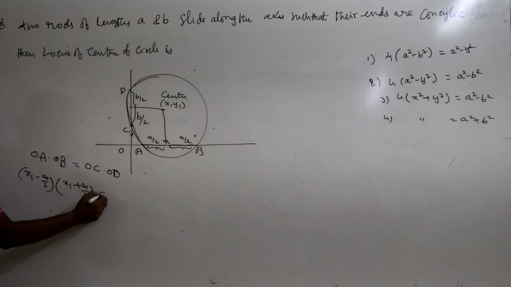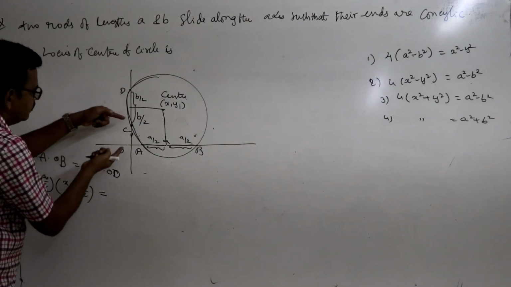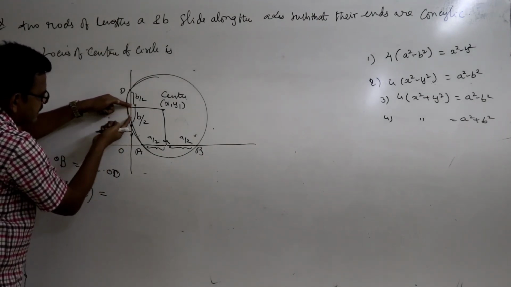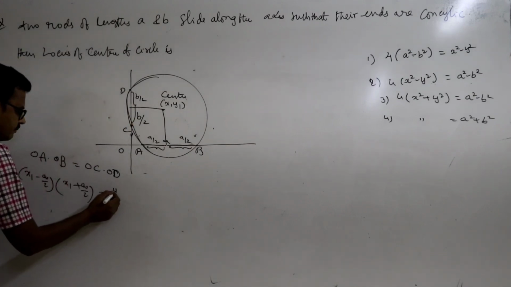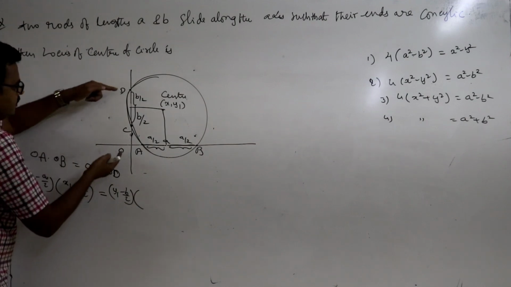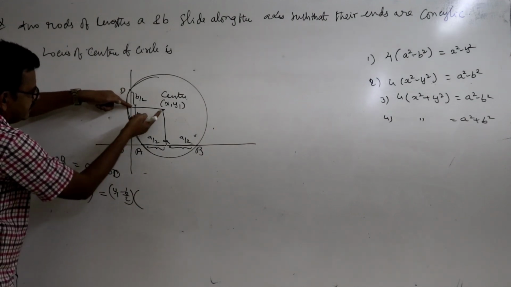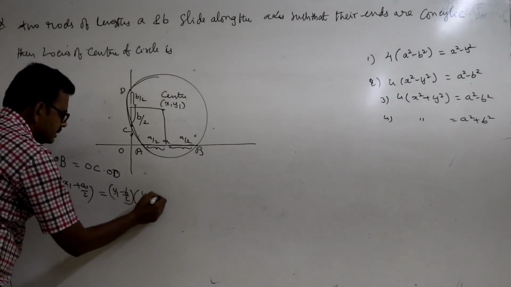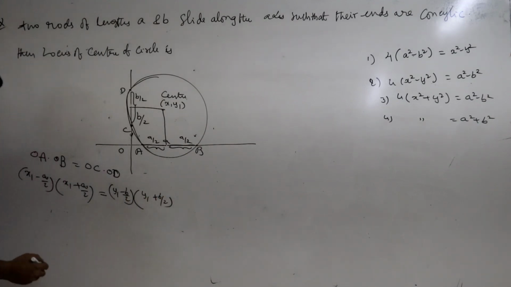Similarly, OC is y1 minus B by 2, and OD is y1 plus B by 2.